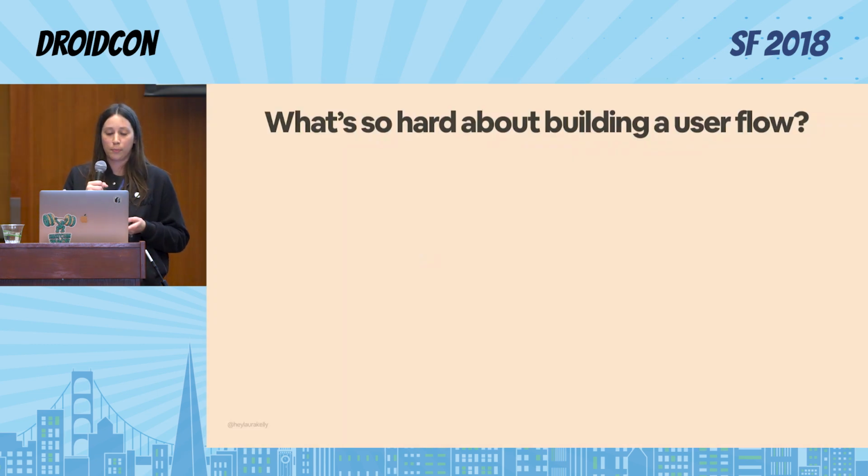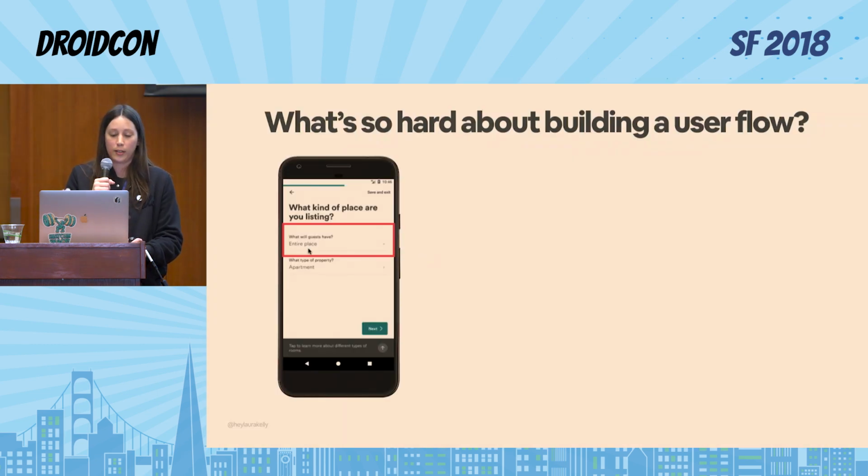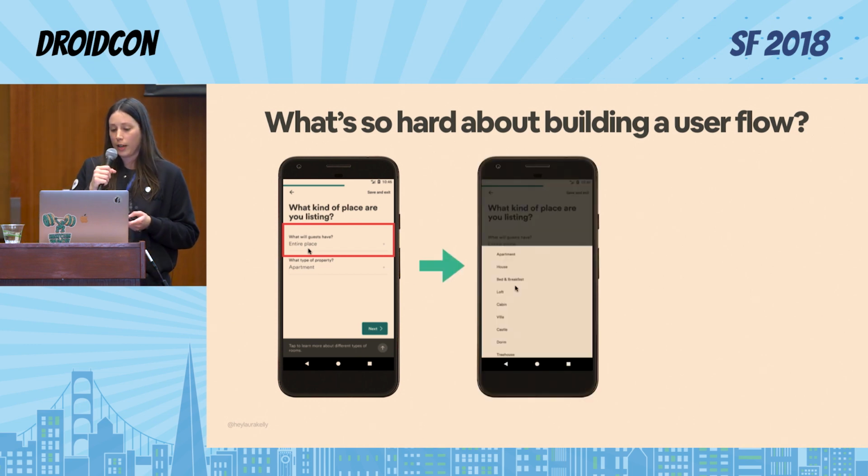I'll give you an example. So we have a screen in our listing flow that asks what type of place you're listing. And the first question asks exactly what type of space it is. So the options here are entire place, private room, or shared room. Let's suppose that we check off entire place here. The next question on the screen asks what type of property it is.